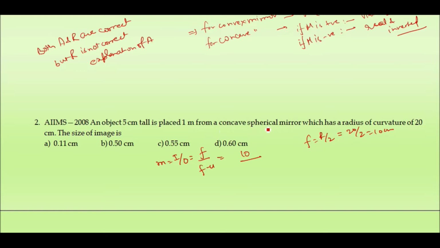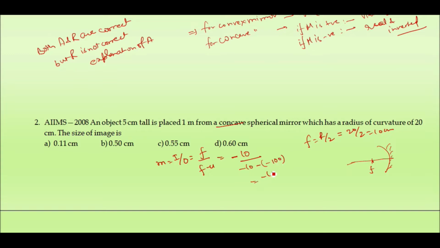and as this is a concave mirror, the focal length F comes with a negative sign, so F is minus 10, and U is given as 1 meter, so it's minus 100.